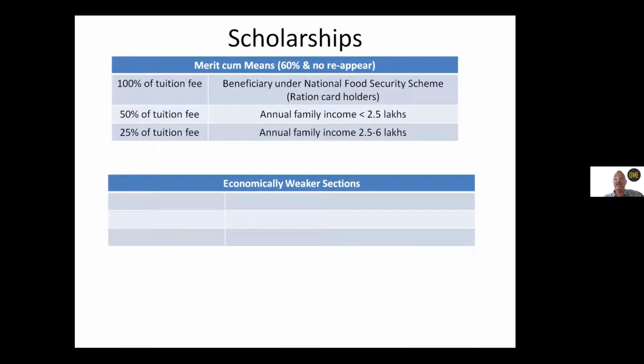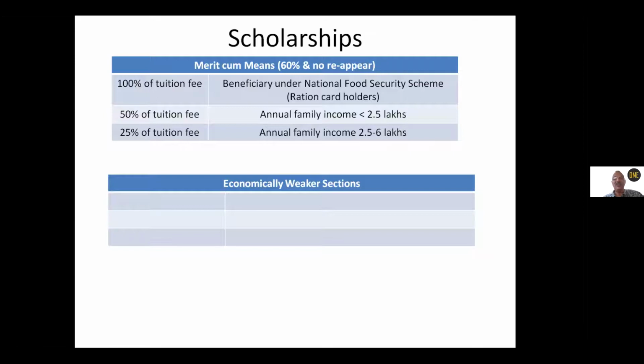Scholarships, yes, IPU has got very generous scholarships, and these are the categories. If your income is between 2.5 to 6 lakhs, you can apply for merit cum means, and 25% of your tuition fee will be paid by the government of Delhi. Students, I must tell you that most of you belong to Delhi, and the Delhi government is the richest government in our country in terms of per capita income.